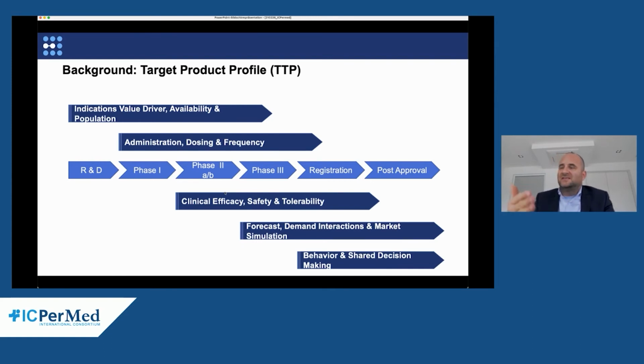We know about the disease, we know about the indication, we know about the status quo on treatments, but what is actually a value driver for patients? And that's something which can be elicited or extracted from patient preference information.